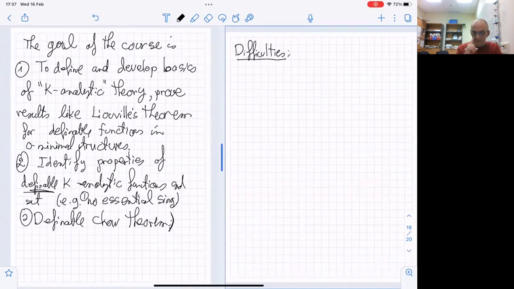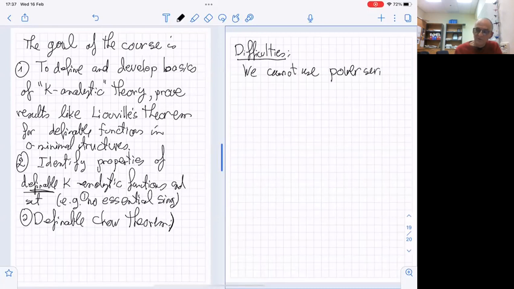What do I mean by that? We cannot use convergent power series, which I think is attributed to Weierstrass' point of view on complex analysis. Why can't we use power series?